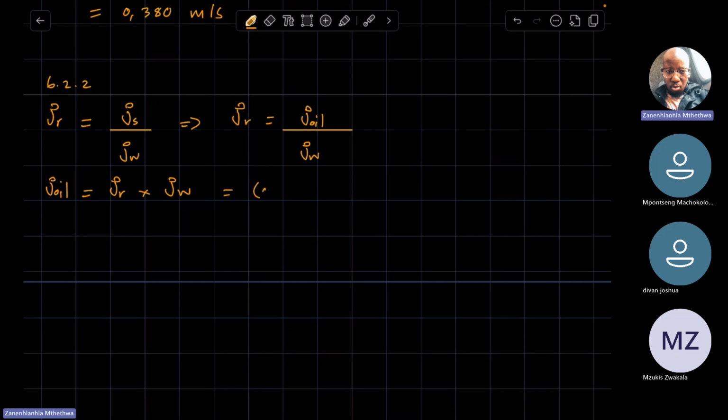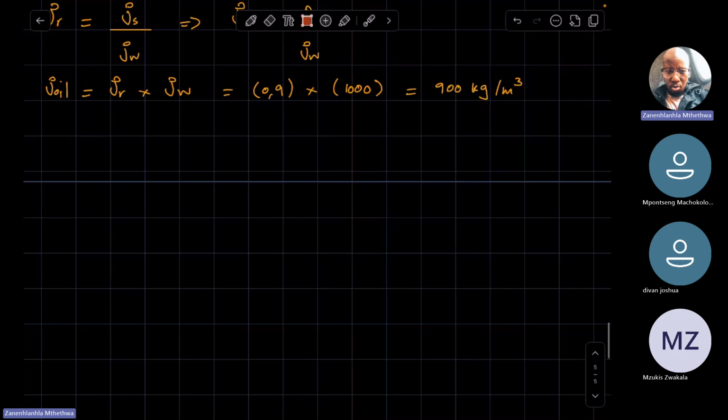The relative density is 0.9. The density of water is 1,000 kilograms per cubic meter. And what is this equal to? It's 900 kilograms per cubic meter.